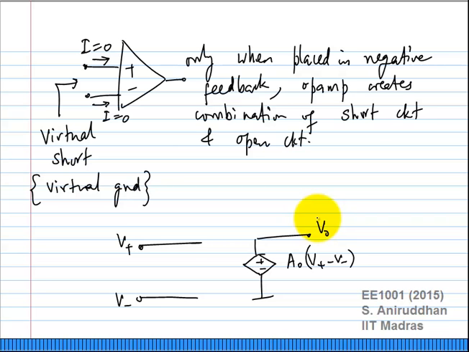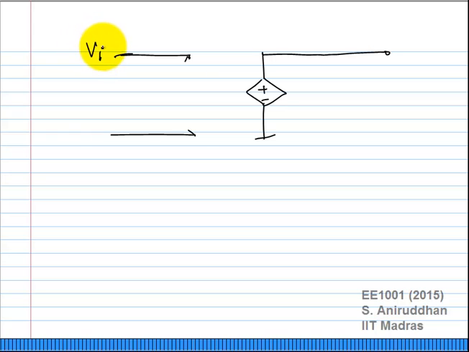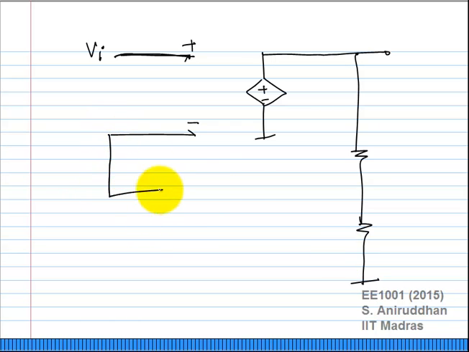Now we will place the op amp in negative feedback to get a gain of K and see what happens. I am just giving it with respect to some reference ground, which may be internal to the op amp. So this terminal is connected to VI, V plus. The negative terminal is, this is VO, this is VE.